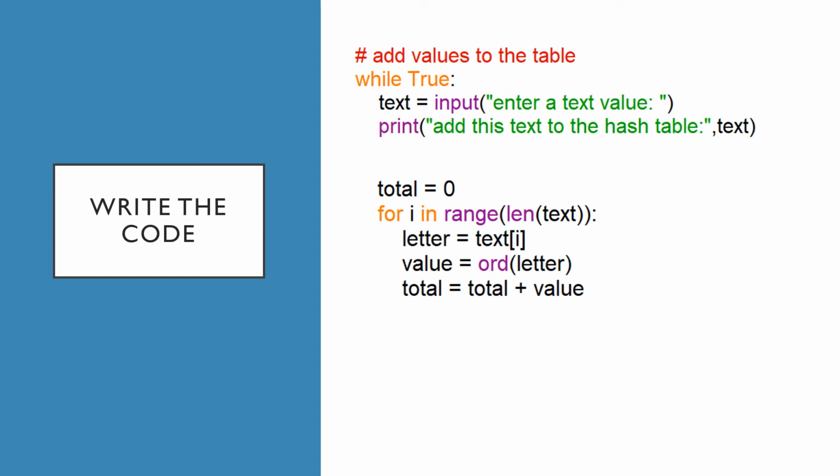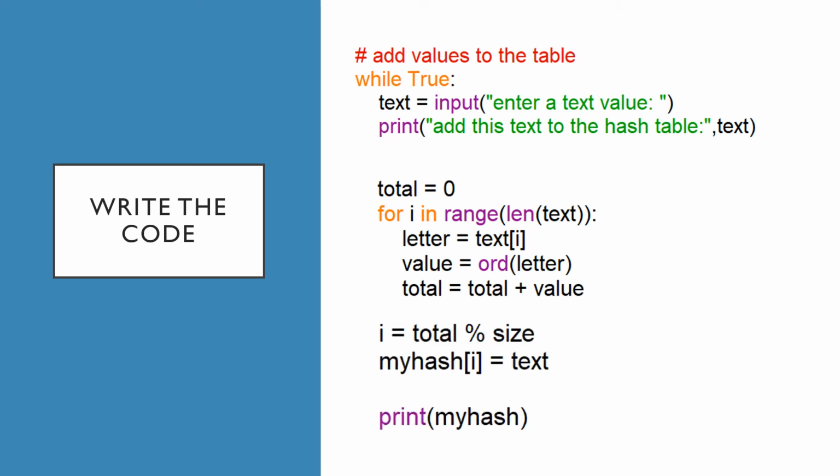This is probably the simplest way to derive an integer value from a text string. And then I'm using the total as my hashing value. I'm getting the remainder and using that as the index number in my hash table.